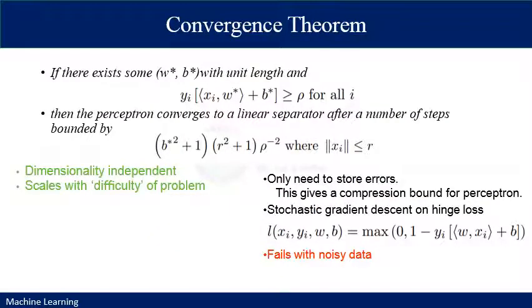In the perceptron case, if there exists an exact solution, in other words, if the training data set is linearly separable and you have found the weight and bias attributes with unit length that correctly classify your examples with an acceptable level of performance, then the perceptron converges to a linear separator after a number of steps bounded by the given formula.